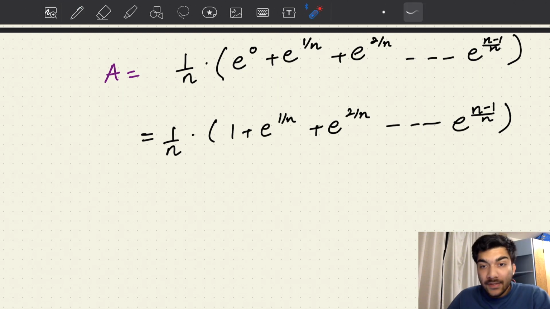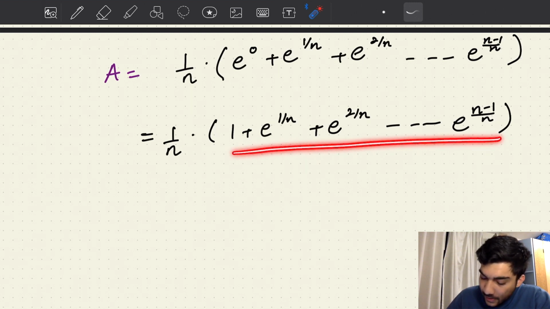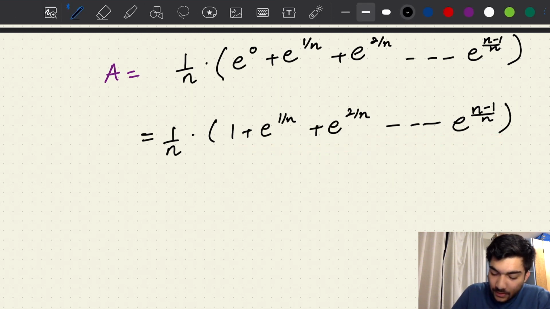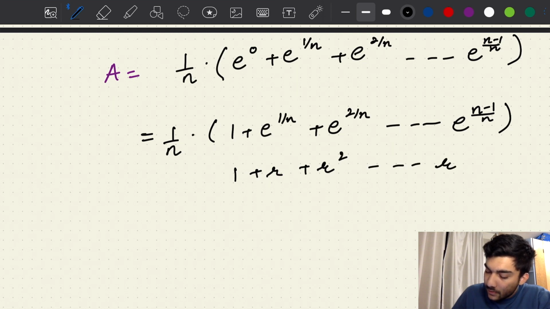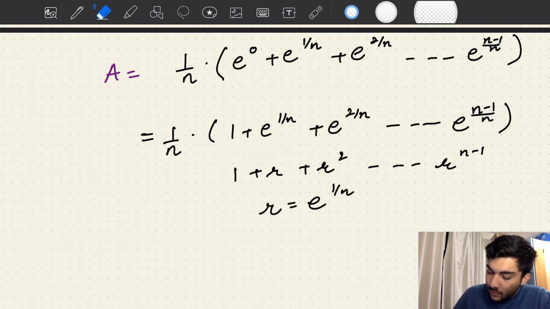And this is exactly the place where we will use the formula for the sum of the geometric series. Because I noticed one thing in this series, that it closely resembles the series that I discussed in the first half of the video as well, which was 1 plus r plus r squared, and so on until r raised to the power n minus 1, right? Where my r is basically e to the power 1 by n.